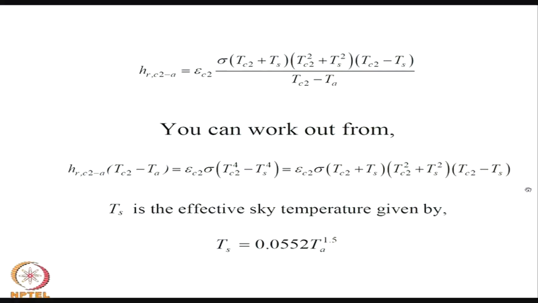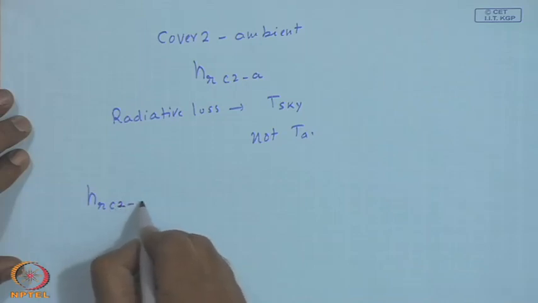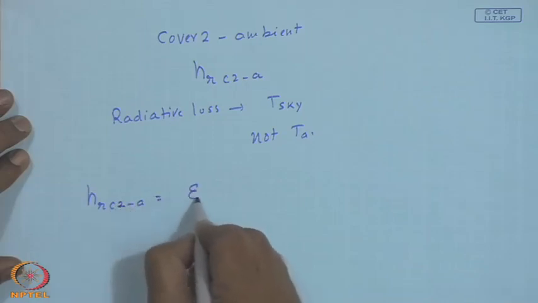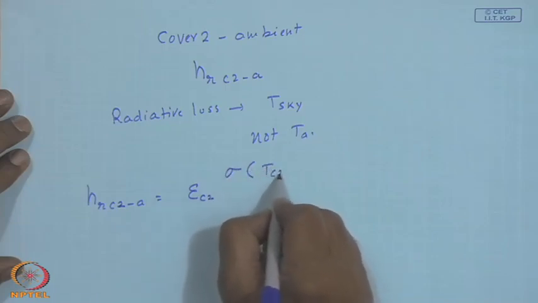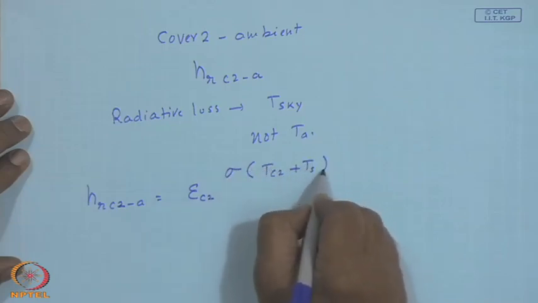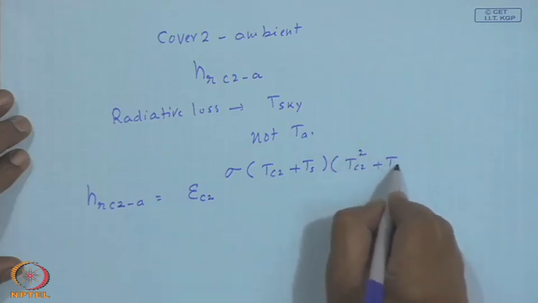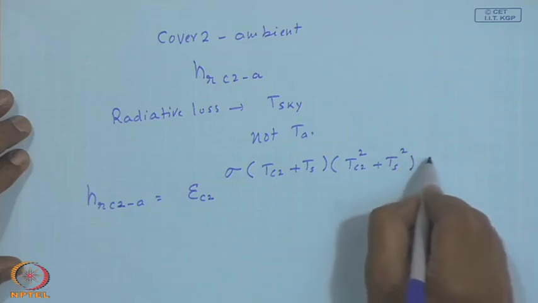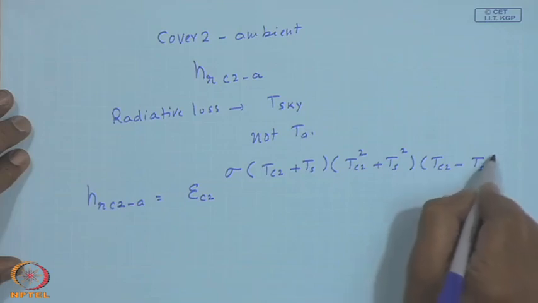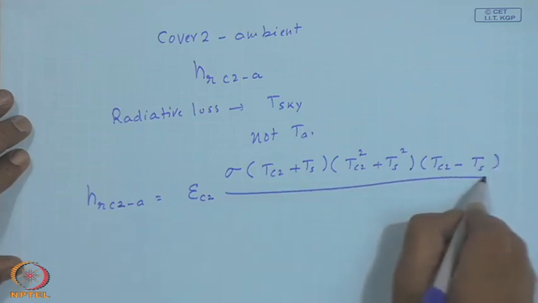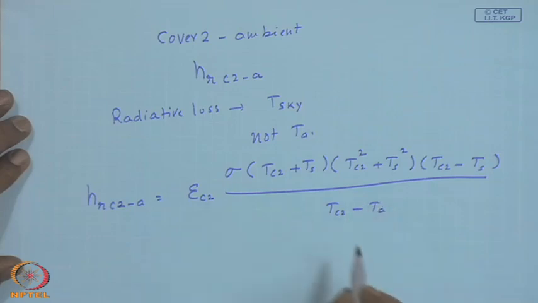So, we can write down H r C 2 a is epsilon C 2 times sigma into T C 2 plus T s times T C 2 square plus T s square times T C 2 minus T s upon T C 2 minus T a.